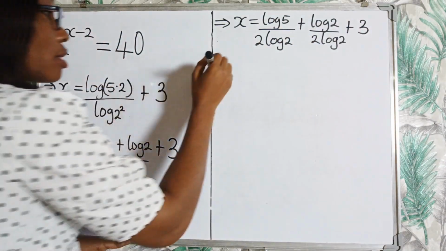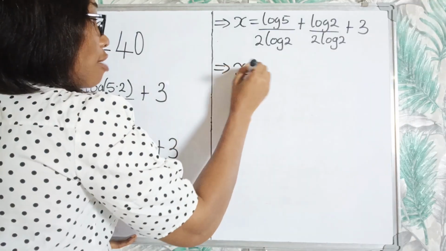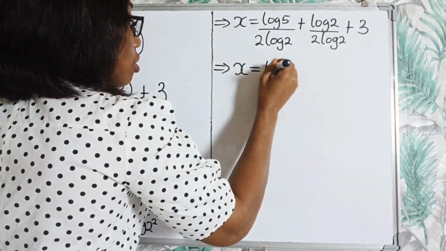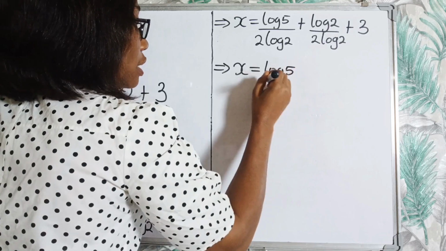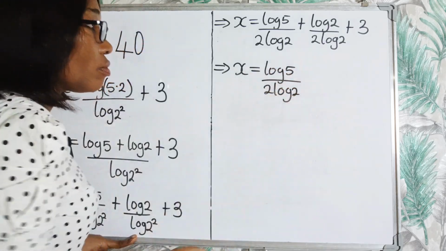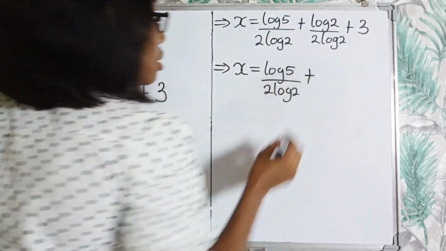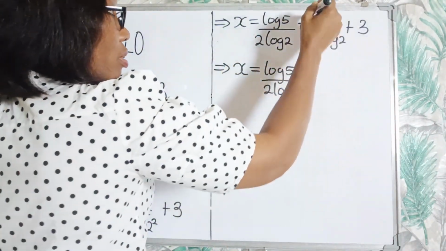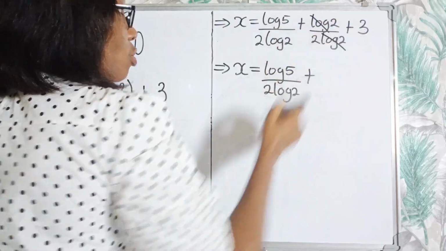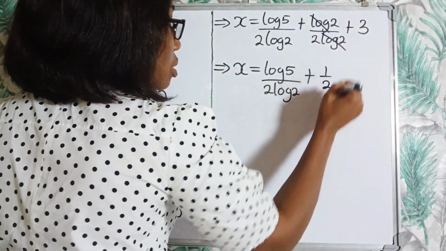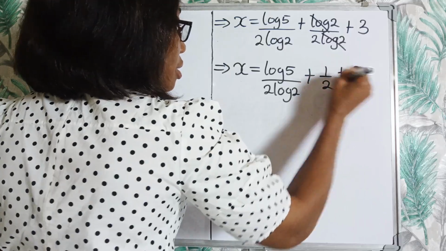Okay, so next, we are going to have x is equal to log 5 divided by 2 log 2 plus log 2 will cancel log 2. This will cancel this. So we are going to be left with 1 over 2 plus 3.